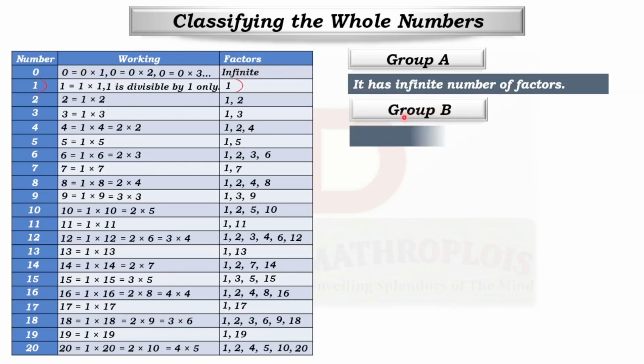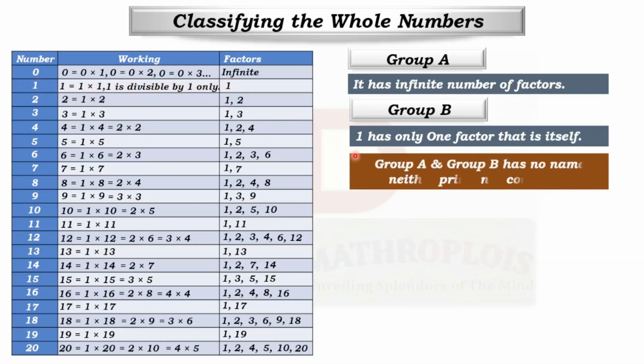Group B comprises the number which has only 1 factor, and that number is only 1. Group A and Group B don't have any specific names, neither prime nor composite.